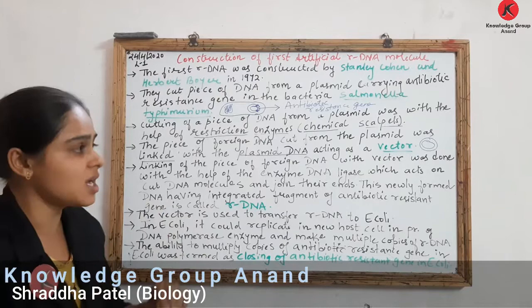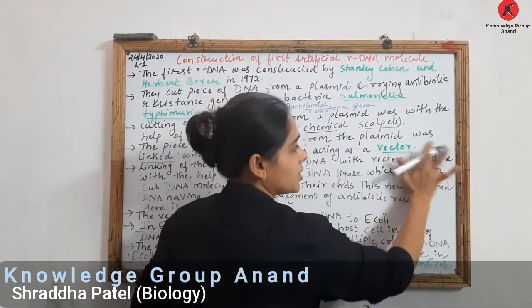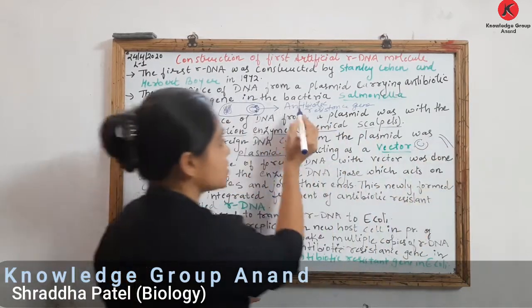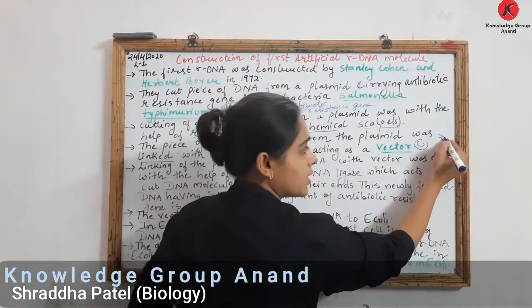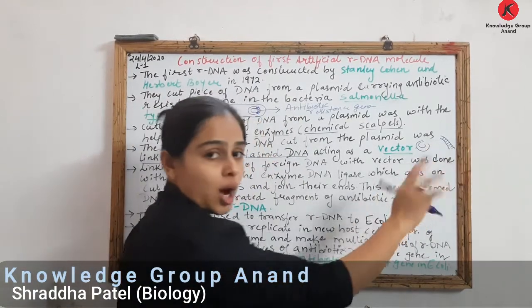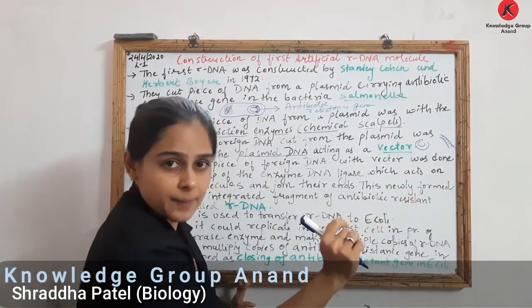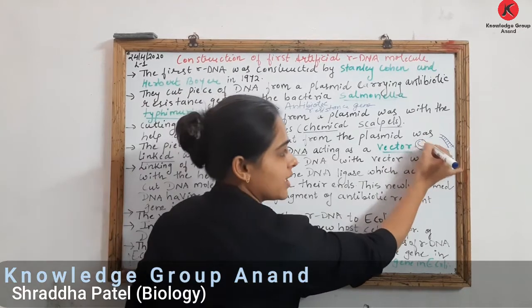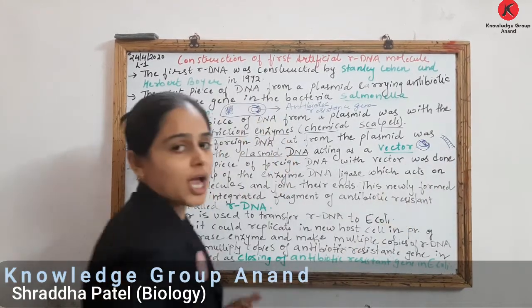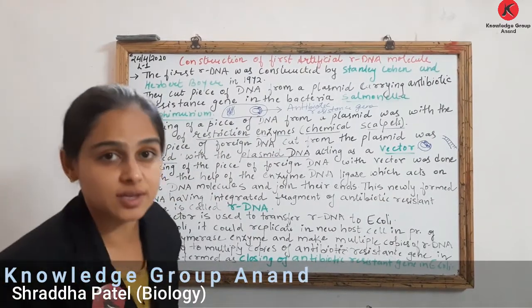Now what happens? Say for example, this is your vector. Okay, and this is your foreign gene, meaning this antibiotic resistant gene. Alright, what do you have to do with these two? You have to join them. Yes, this joining occurs by means of an enzyme called DNA ligase.